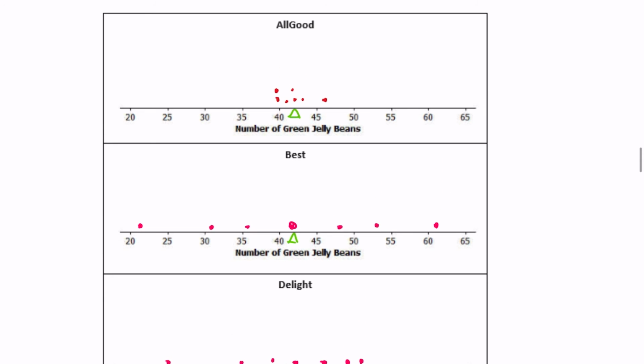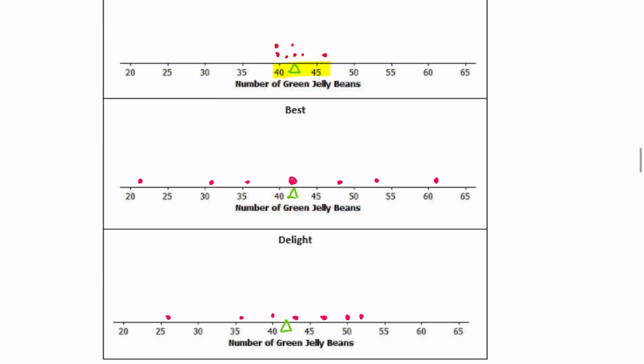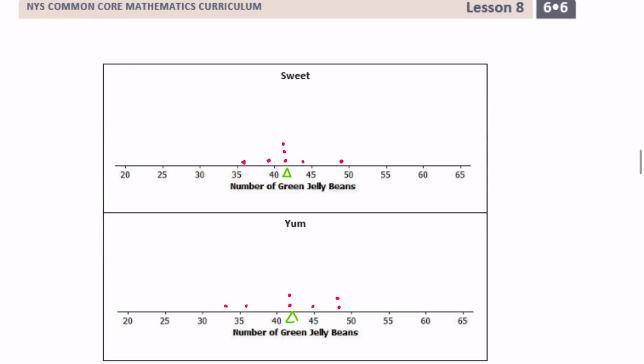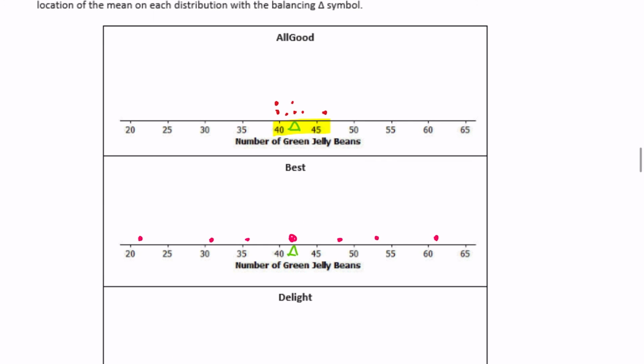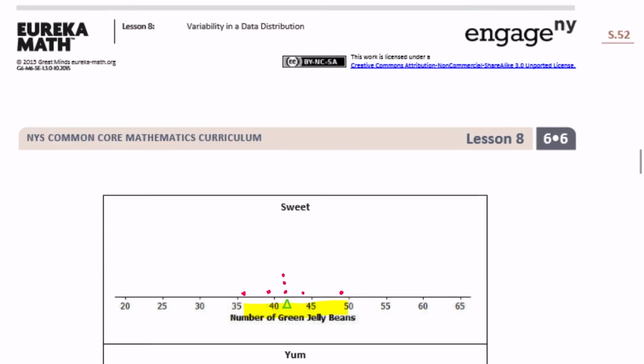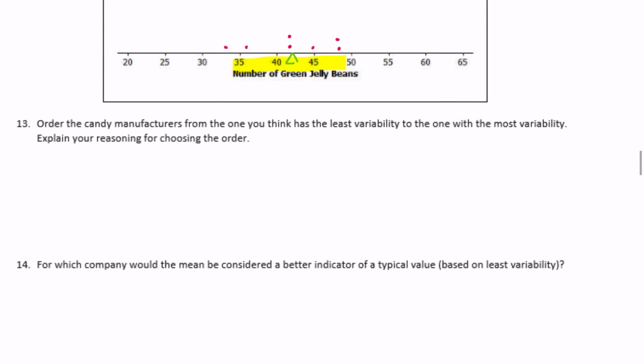So it looks like the least variability would be All Good, because it only goes from 40 to 46. Maybe Sweet and Yum. So All Good has the least variability because they're clustered between 40 and 46 or 47. So I'm going to start with All Good. There's not one right or wrong answer here.